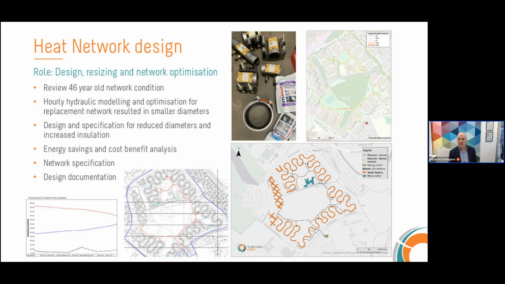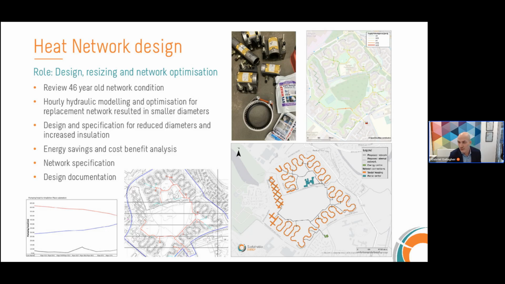So to try and get ahead of the new network opportunity, we ran a design options assessment, looking at different network materials, different network approaches, and explored the opportunities to reduce diameters down for an ultimate replacement of the heat network. Carried out some energy savings cost benefit analysis, produced a design and spec for a new network that could replace the existing network.